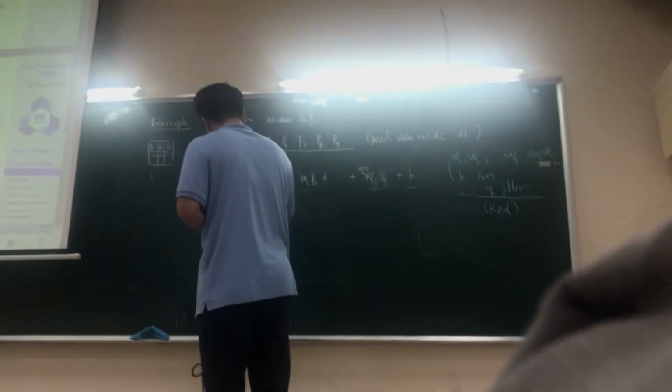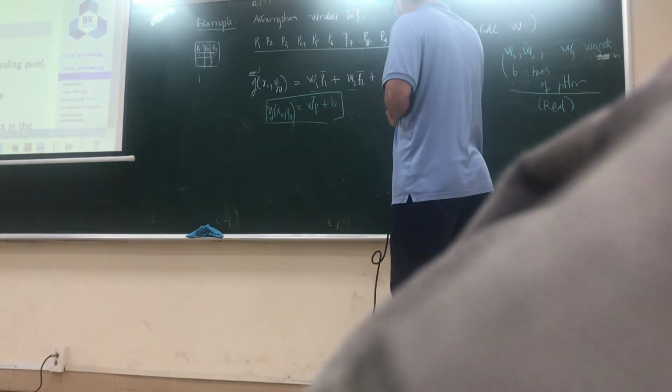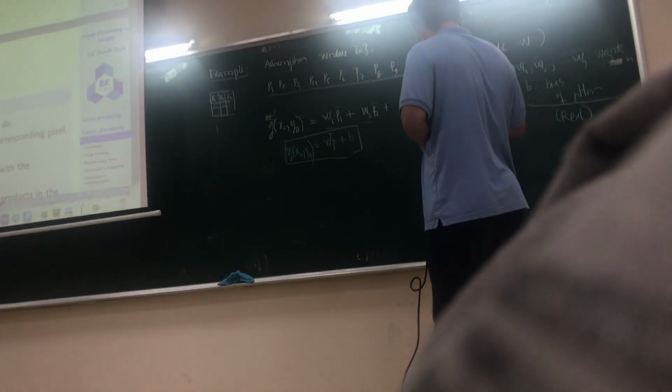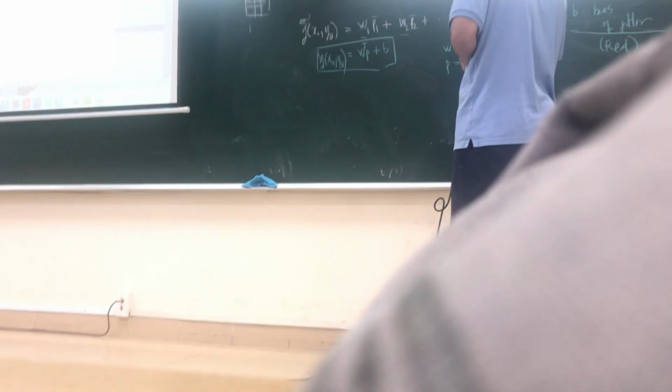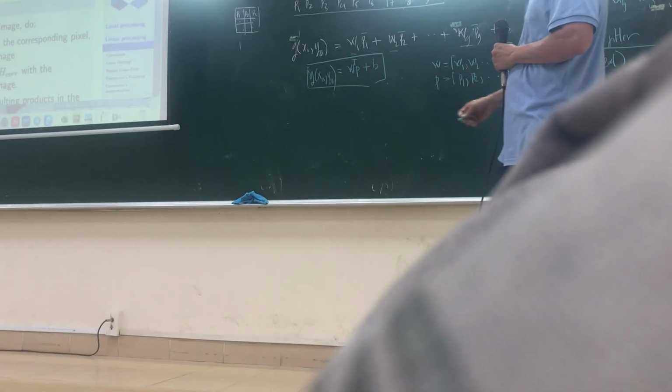So you can see around it. Can I write it where I define vector W equal to W1, W2, up to W9, and I define vector P equal to P1, P2, up to P9? So I write it in a very short form.